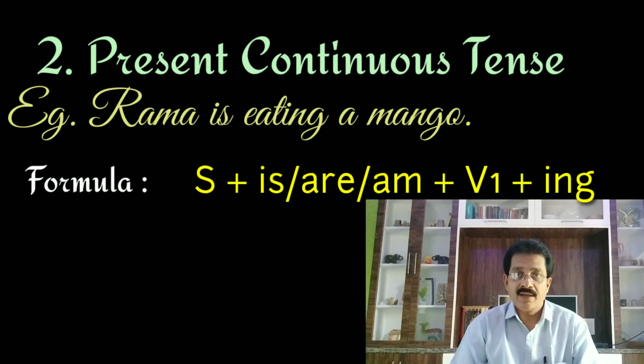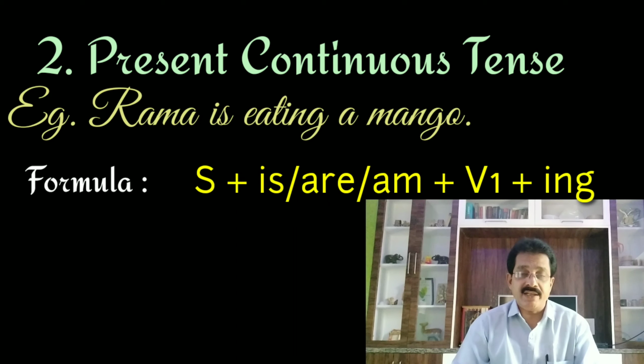Now, is it the only auxiliary verb that can be used in present continuous tense? It depends on the subject. So in present continuous tense, we can use any of the three auxiliary verbs, is or are or am.